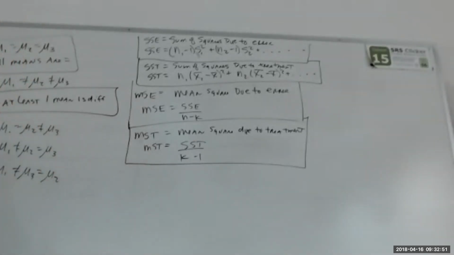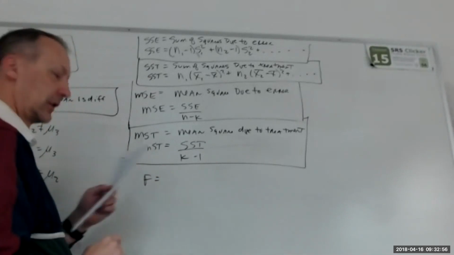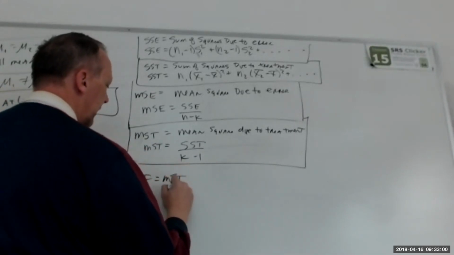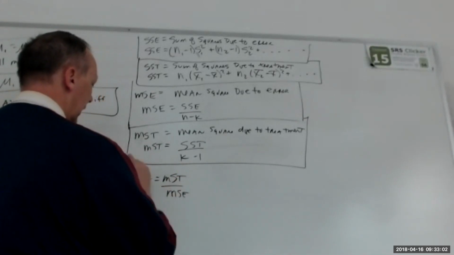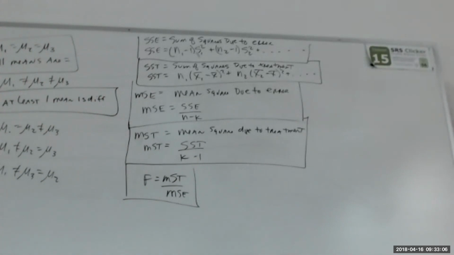And finally, we have the F statistic, which is simply the MST divided by the MSE. So after you do all of those calculations, the F statistic isn't that hard.